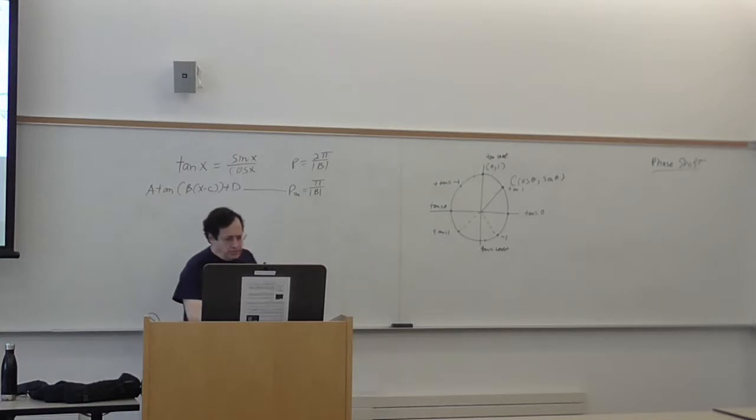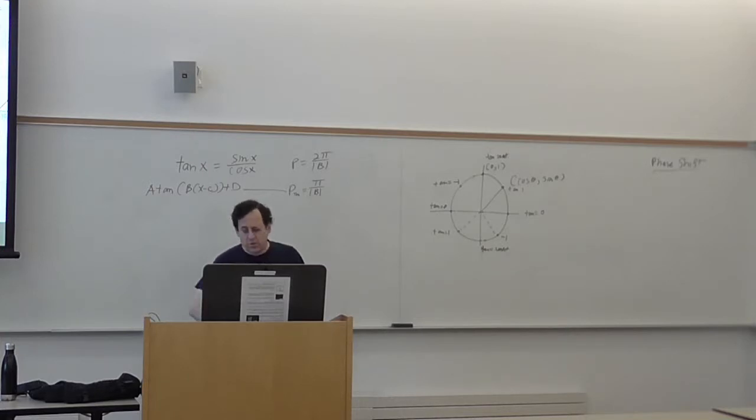All right, let's take a look at what that looks like. Well, it's kind of strange looking. We'll get to some of the details, but see here we go through the origin at 0.